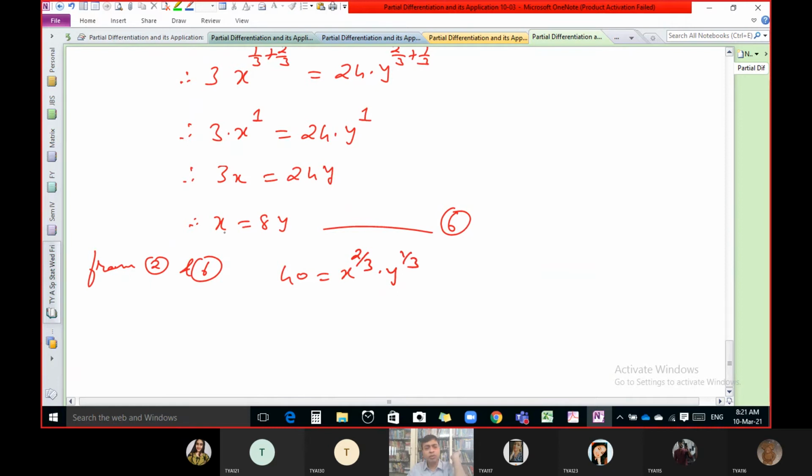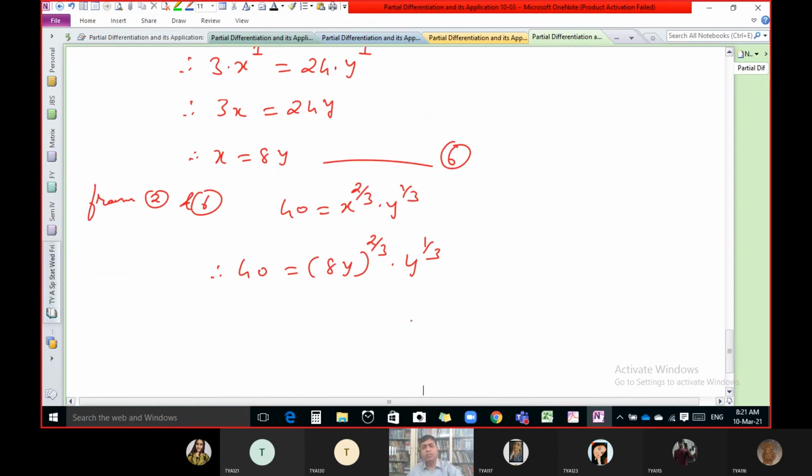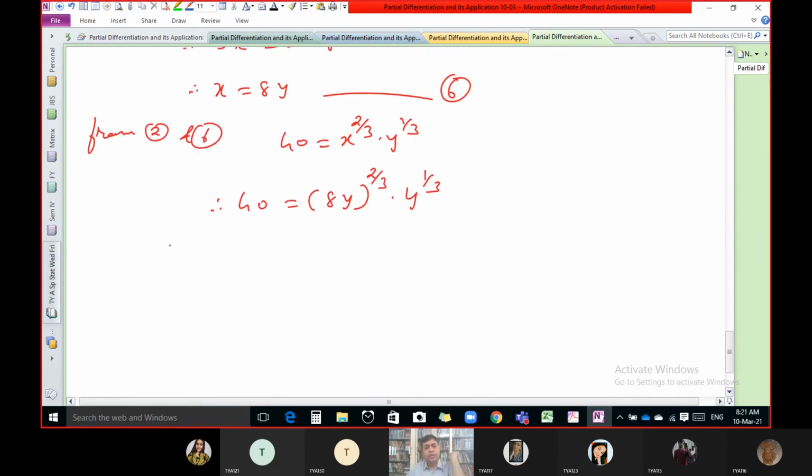In this, put the value of x equal to 8y, raised to obviously 2 by 3, into y raised to 1 by 3 as it is. Now simplify. Tell me the simplification form.